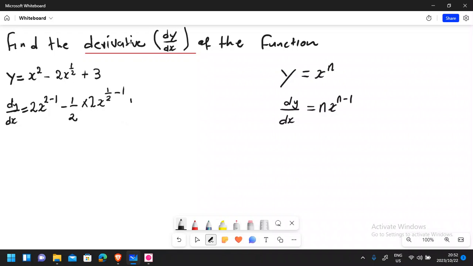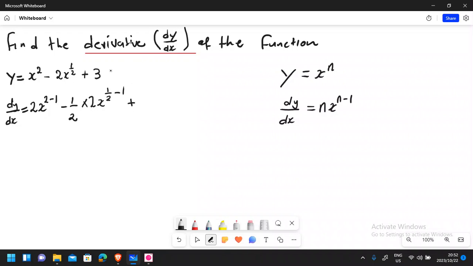And then let's go to the last one. Remember, if you watch the video, I explained this one very well. Remember, we are differentiating with respect to x. So as you can see, this 3 doesn't have x, it's a constant. You can write 0. But how did this 0 come about?